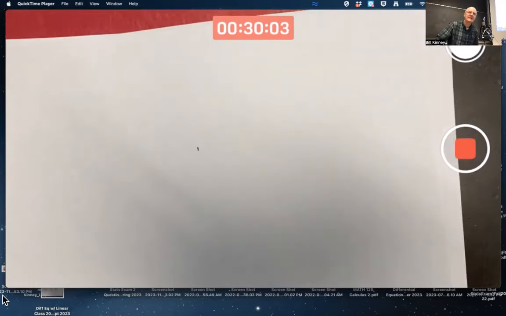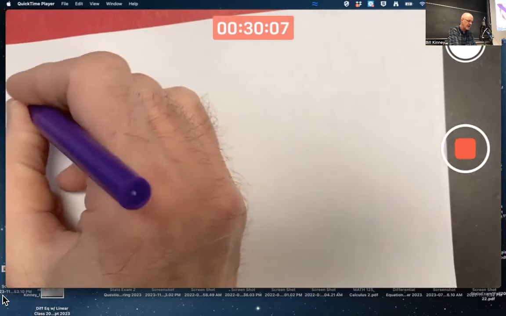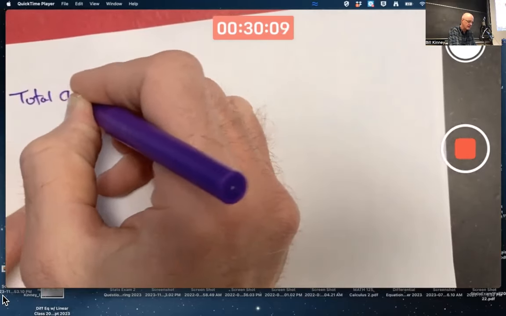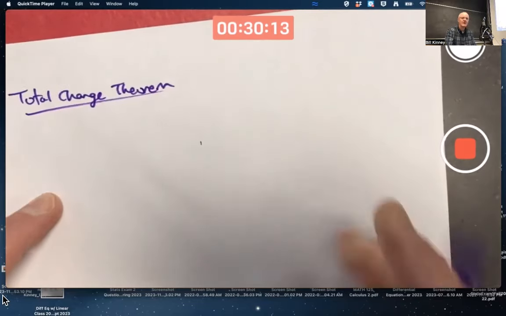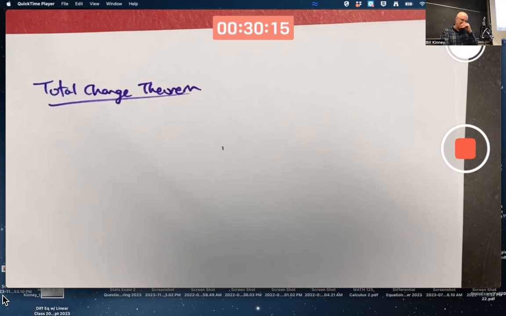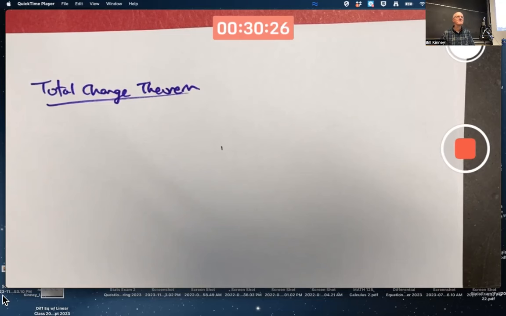In fact, the FTC is sometimes redescribed as the total change theorem. Once again, the total change theorem should be an if-then statement, should have hypotheses and a conclusion. The hypotheses of the total change theorem are stated a little differently than the FTC.